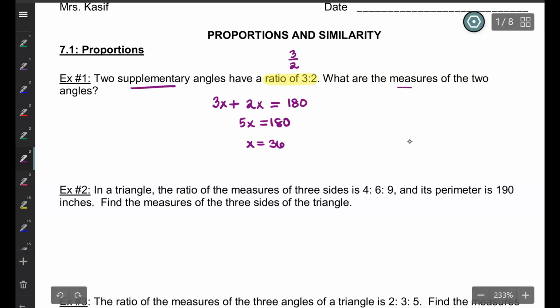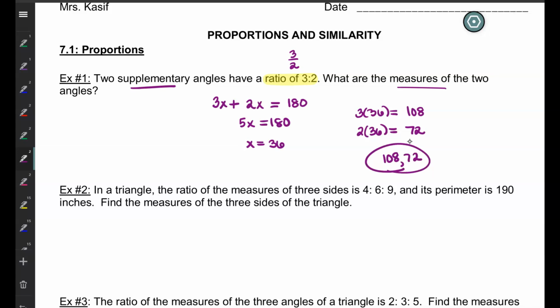Now, what are the two measures of the angles? So one of the angles is going to be 3 times 36. That's going to give us 108. And the other one's going to be 2 times 36, and that's going to be 72. So we have 108 and 72 are the two angle measures.